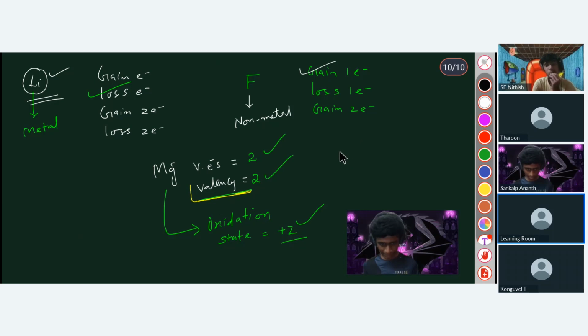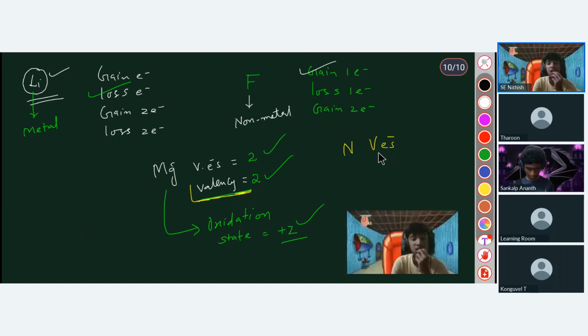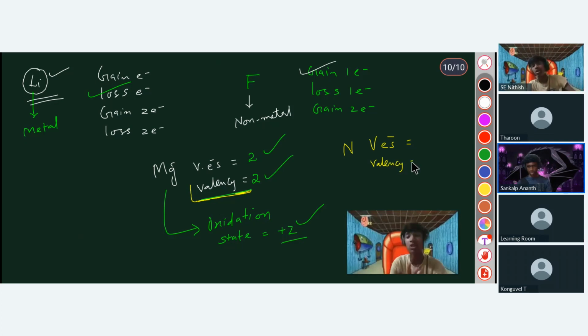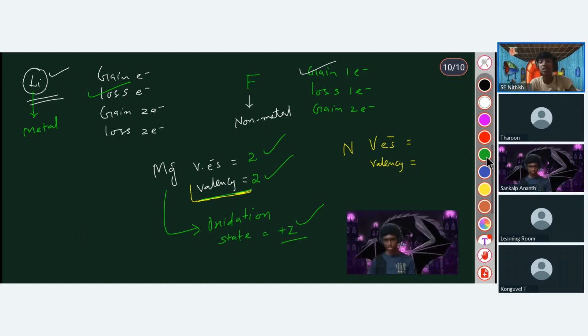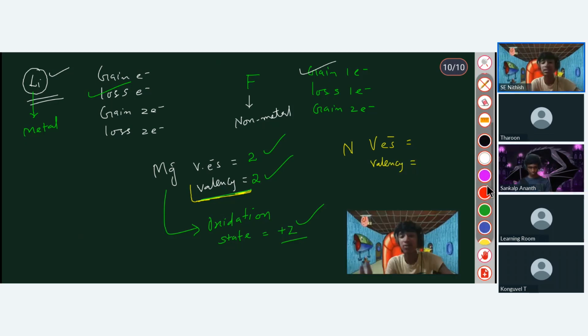Okay, now tell me, if I'm just talking of nitrogen and phosphorus. First, nitrogen. How many valence electrons? He'll gain three electrons; it will have 5 electrons in its valence shell. Its valency will be 3. Oxidation state will be 3 minus.